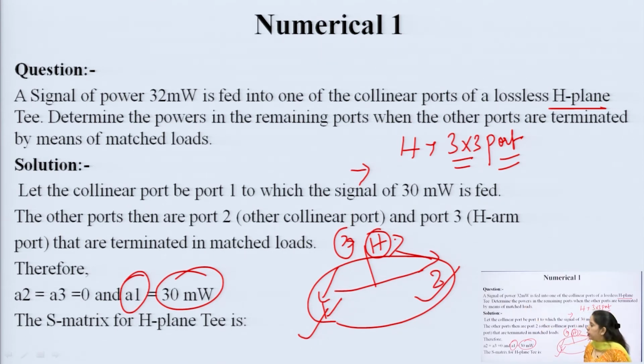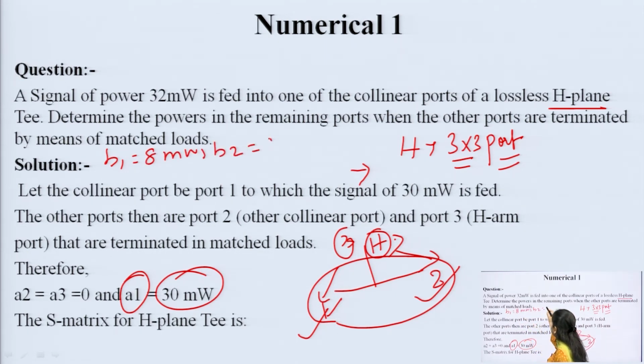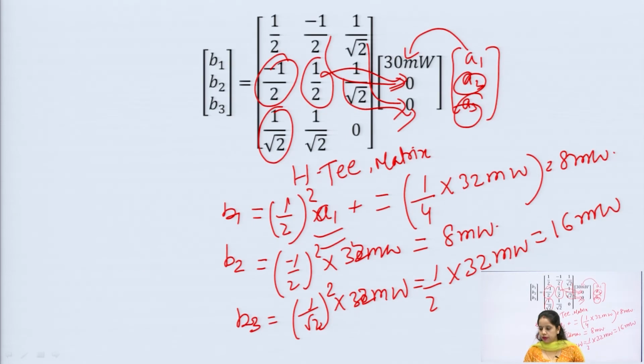So, we get B1 equal to 8 milliwatt, B2 also 8 milliwatt, and B3 equal to 16 milliwatt, with the help of the matrix available to us.